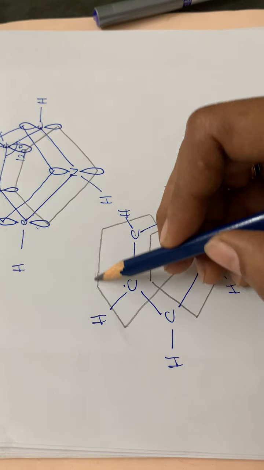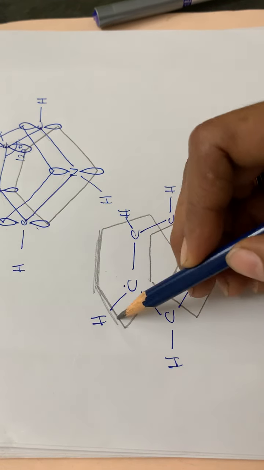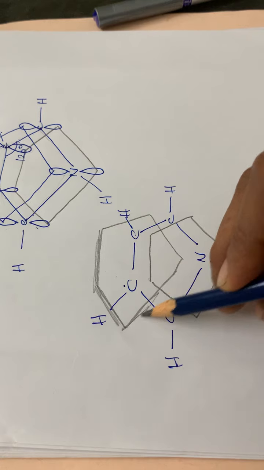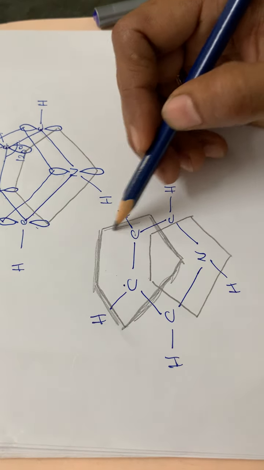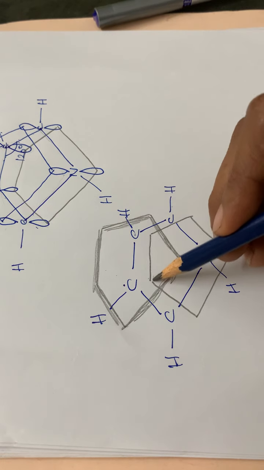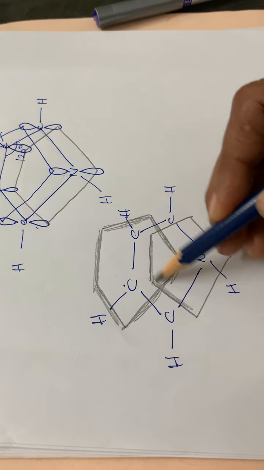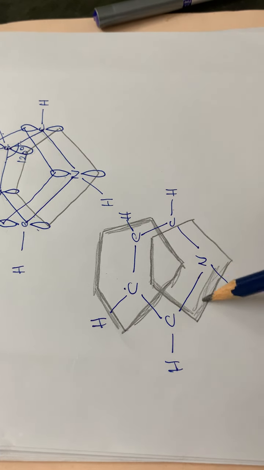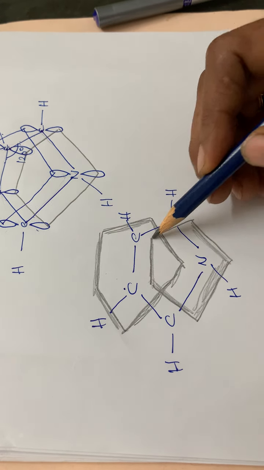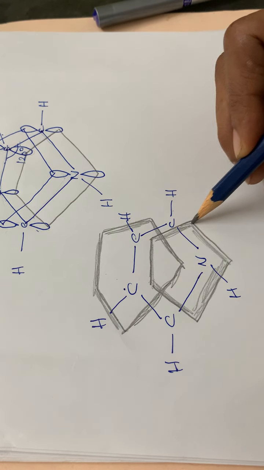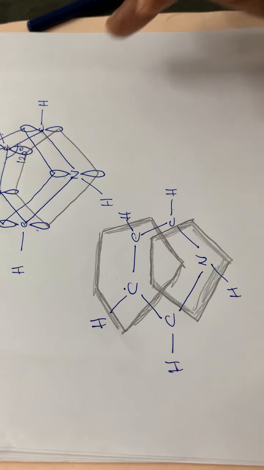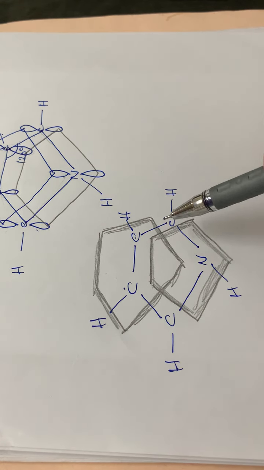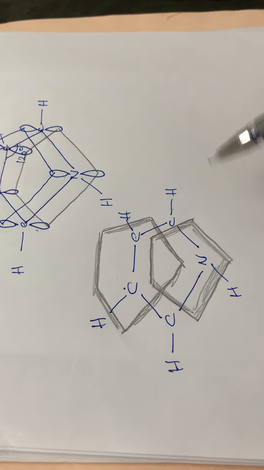So this is above the plane of the ring. This is below the plane of the ring. So these are the two structures, the molecular orbital structure of this pyrrole. Okay. While drawing, you have to draw it neatly. I can only draw it like this much.